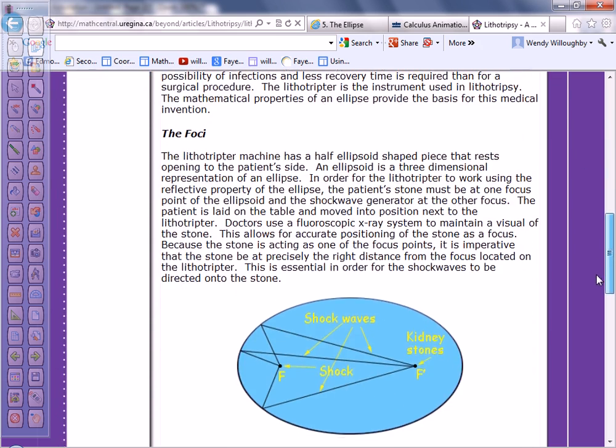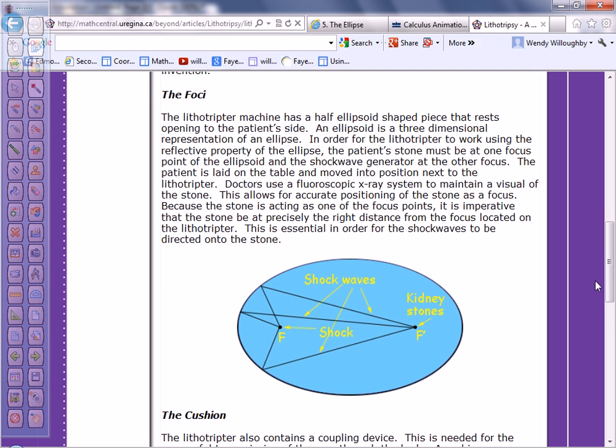It says that the machine used to do this is a half ellipsoid shaped piece that rests on the patient's side. And the ellipsoid is a three-dimensional representation of an ellipse. So in order for this to work, using the reflective properties of the ellipse, the patient's stone must be at one focus of the ellipsoid and the shock wave generator at the other focus. Then the patient is laid on the table and moved in motion.